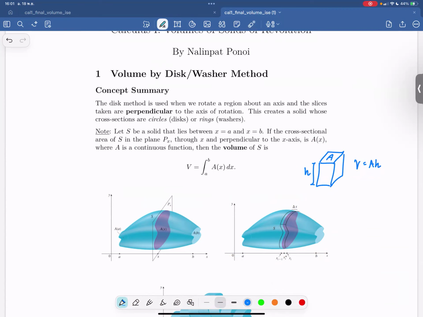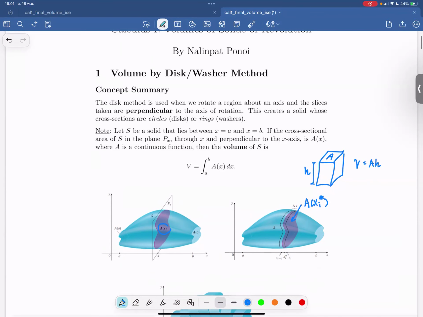So we start by trying to section the volume like this, and then we define the area function to be A(x). For the particular x_i star here, we have the area of the section at the point x_i star as A(x_i star).